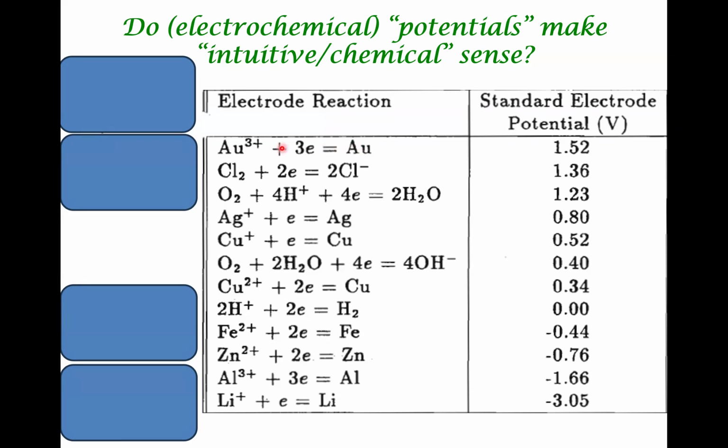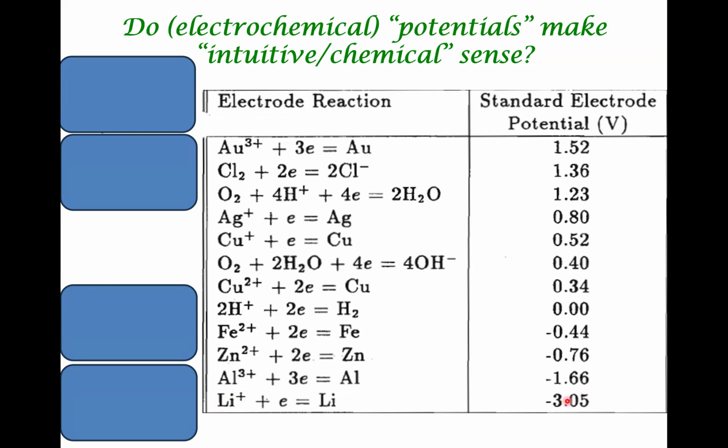But from your high school intuition, chlorine is an electronegative element, and oxygen is an electronegative element, so they have positive reduction potentials, whereas very electropositive elements like lithium or aluminum have a very negative reduction potential.